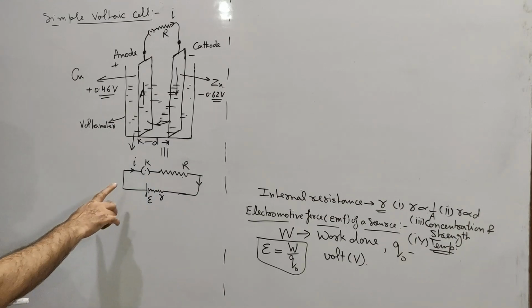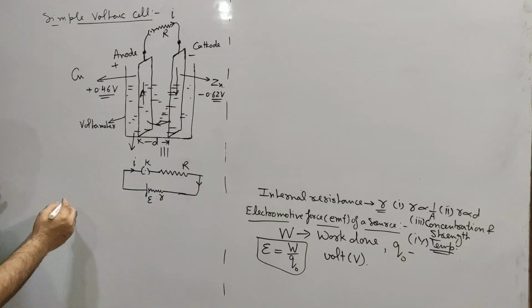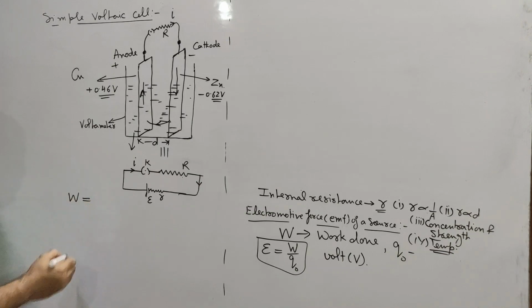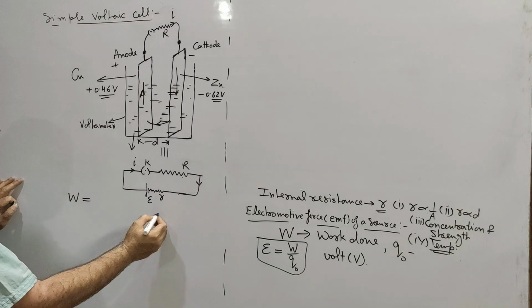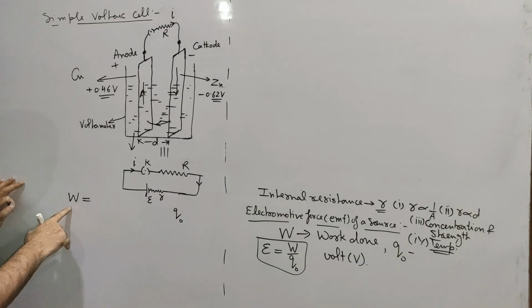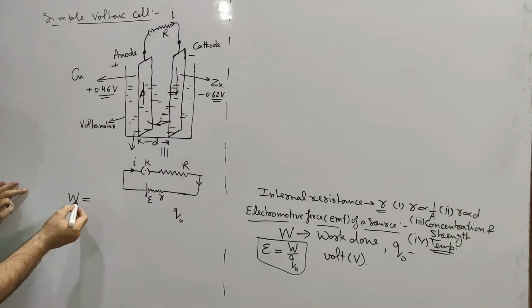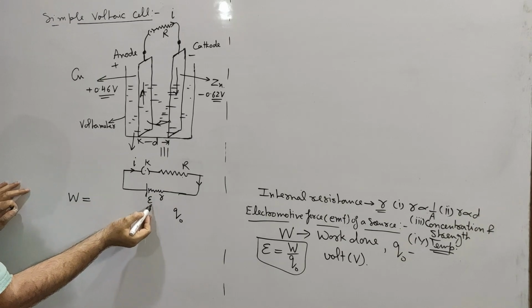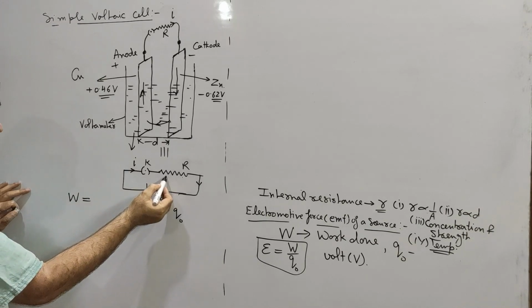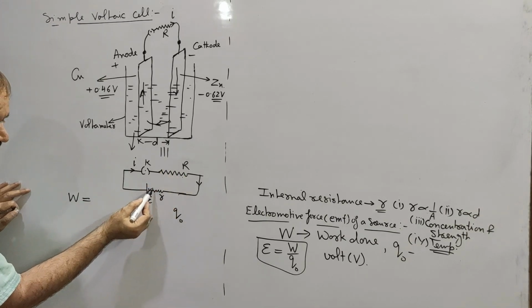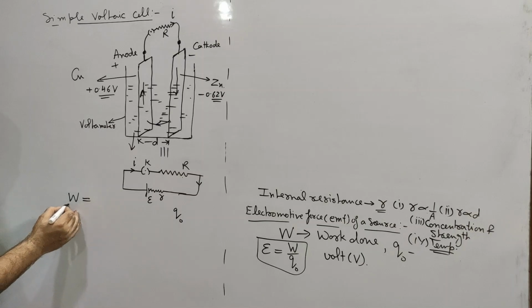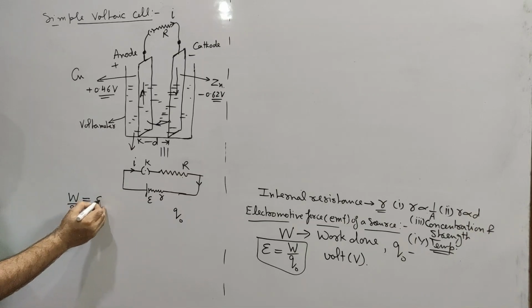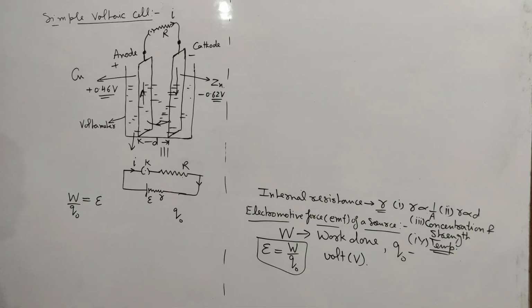Now, if total work done by the cell in passing a charge Q naught is W, it means work W is done by the source in passing charge Q naught through external resistance as well as through internal resistance, then by the definition of EMF, W upon Q naught will give EMF of the cell.